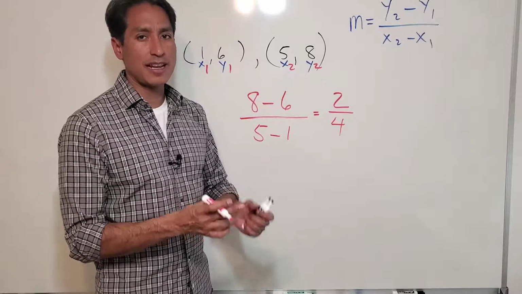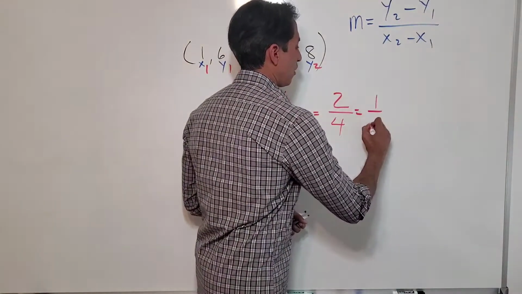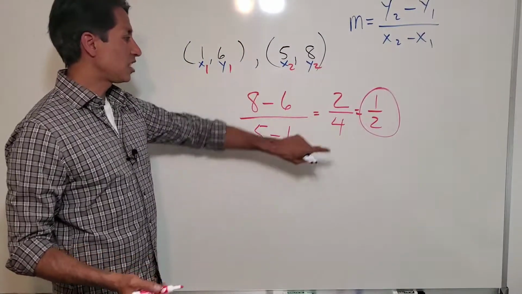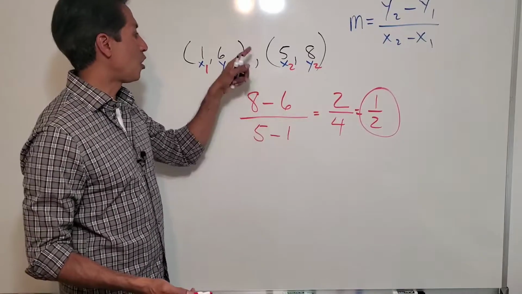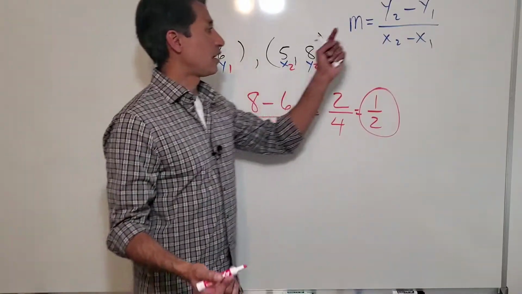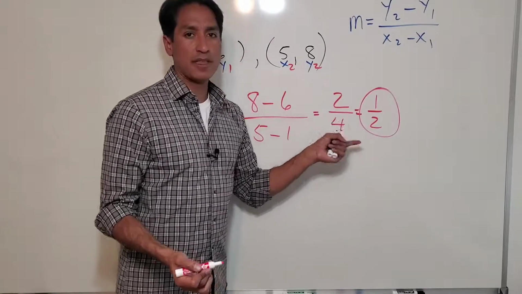Use that fraction to decimal button and reduce it down. So I end up with 1 over 2 as my final slope. Most of the time in the beginning, I would accept this as a perfectly good answer because you've shown me that you understand the topic and the concept. You understand that there is a formula, we're plugging things in, and we're coming up with an answer.